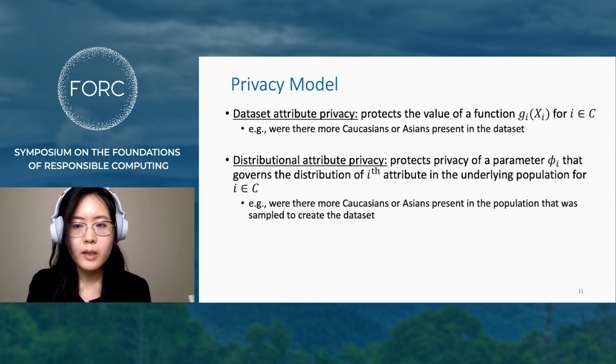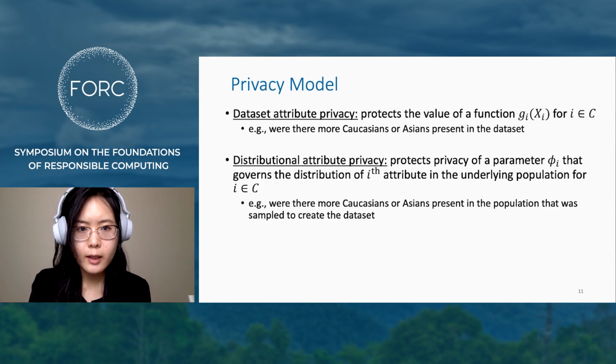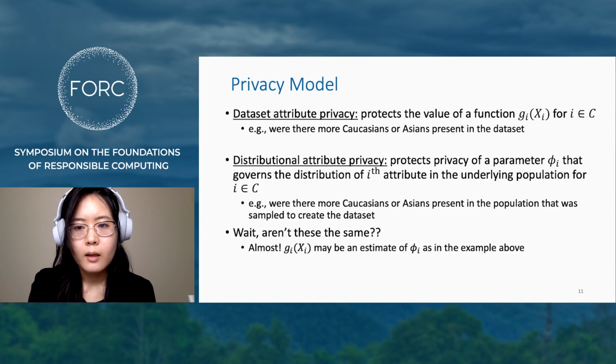Our second privacy notion is distributional attribute privacy, which protects the parameters of the underlying distribution from which the dataset was sampled. For example, the property could be, were there more Caucasians or Asians present in the population that was sampled to create this dataset? You may wonder, wait, aren't they the same?